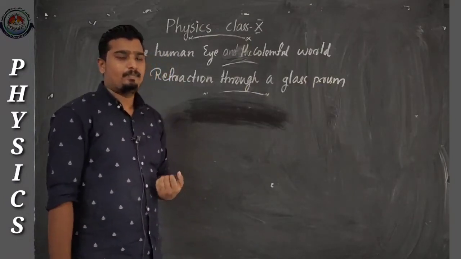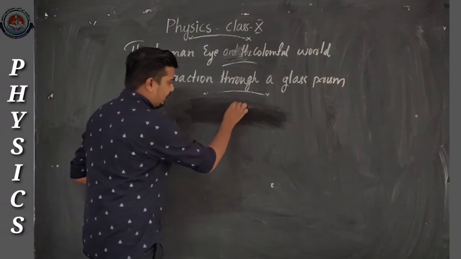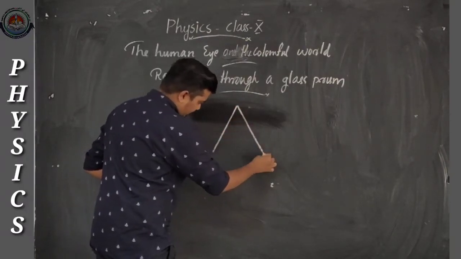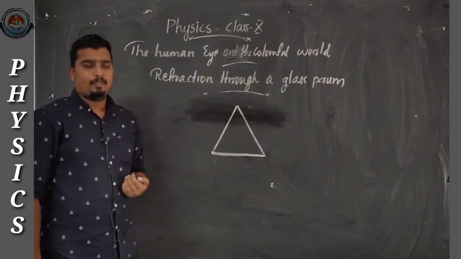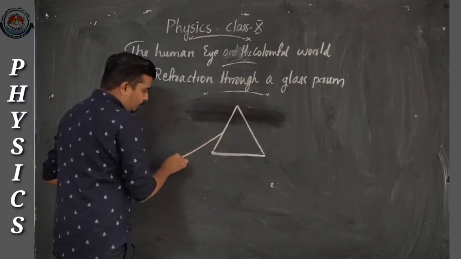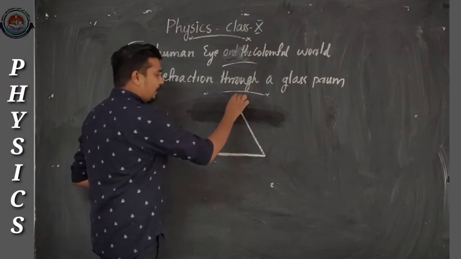Listen here. First of all, we consider a glass prism. This is our glass prism, and I am passing a light obliquely into face AB of this glass prism.